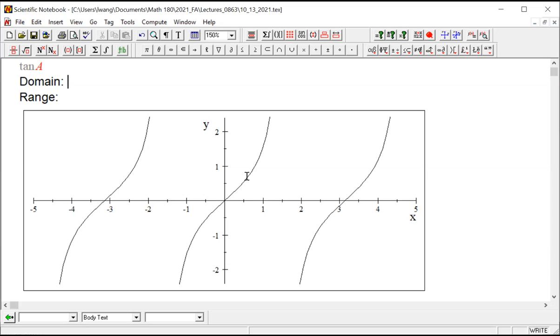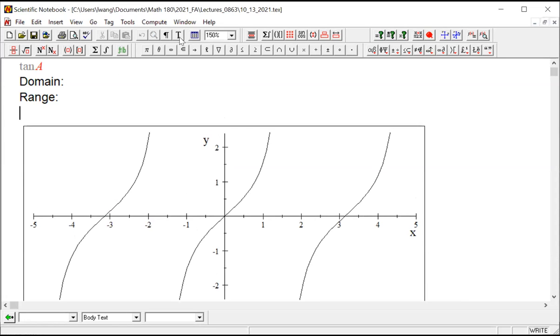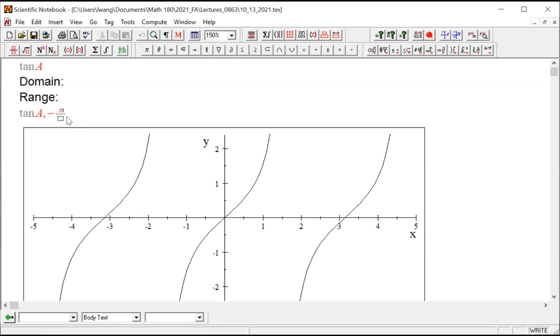And Wilbur's description about the tangent is correct. So the slice we have chosen is between negative pi over 2 to pi over 2.